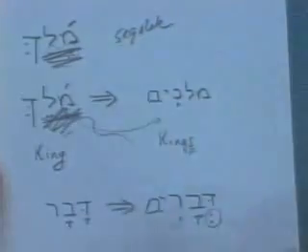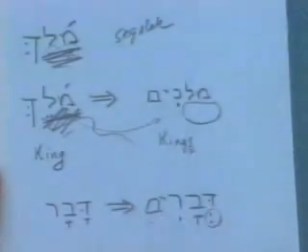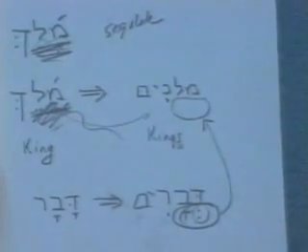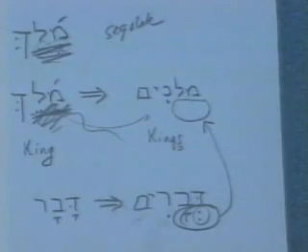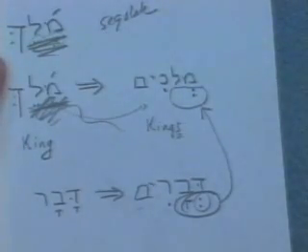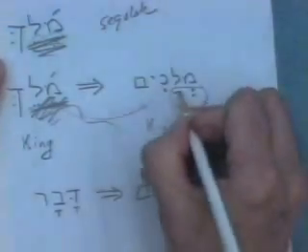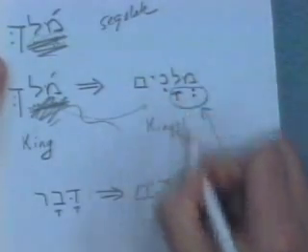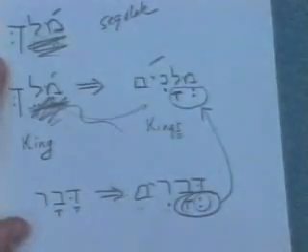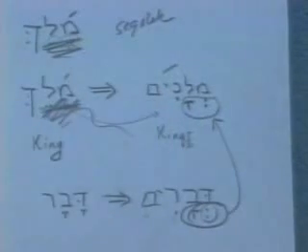Just forget about this and somewhat arbitrarily insert the pattern of a regular noun, because in the plural, segolate nouns show up regular, which means in the propretonic syllable, you're going to have a schwa. And in the pretonic syllable, you're going to have a qamets. That's it. Always. And the accent moves to the end, where it belongs.